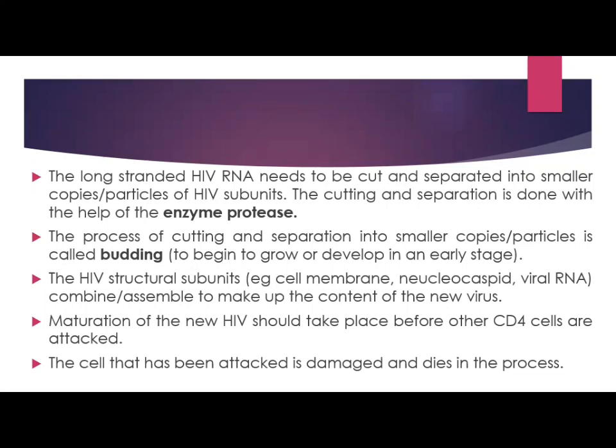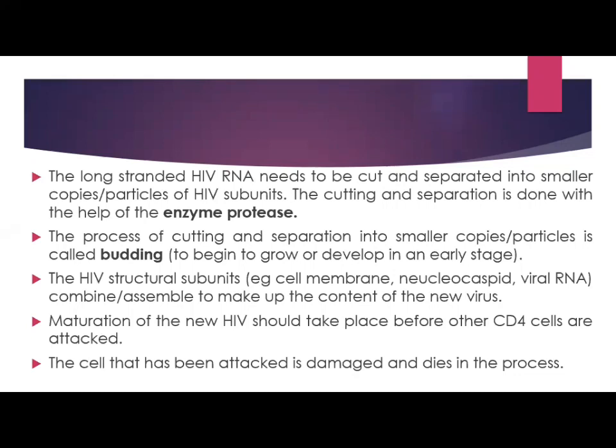Or a virion. So here we are saying these small particles that have now been broken down by the process of budding will now start assembling, making these subunits of HIV structures assemble to form new viruses or new virions.